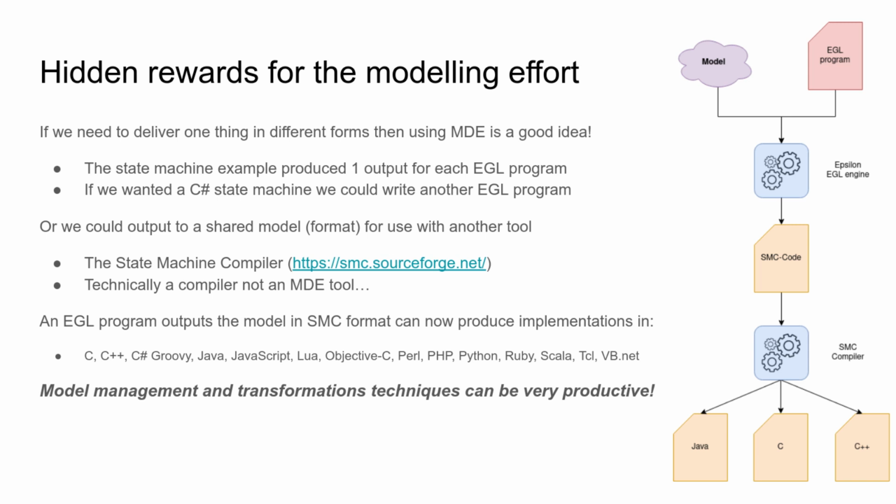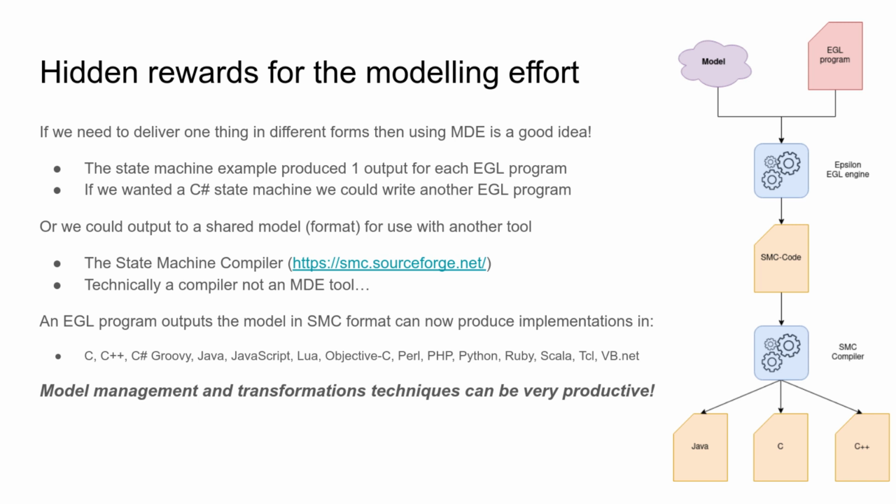If we wanted to add C# as an output state machine format, we would need to write another EGL program. And yes, we could have two EGL programs and produce a Java and a C# implementation of any state machine. But what if we wanted to produce it for more languages? This would require us to write multiple EGL programs.